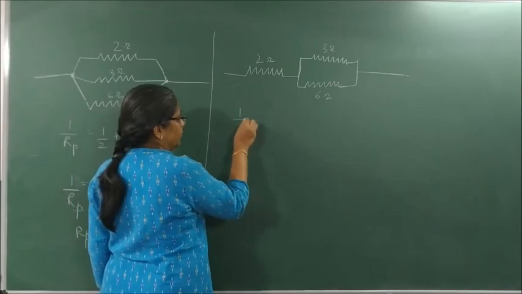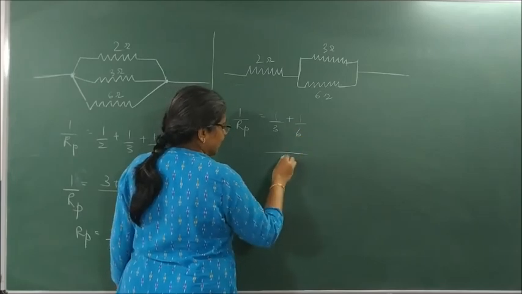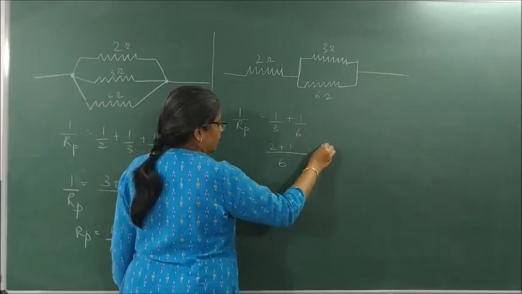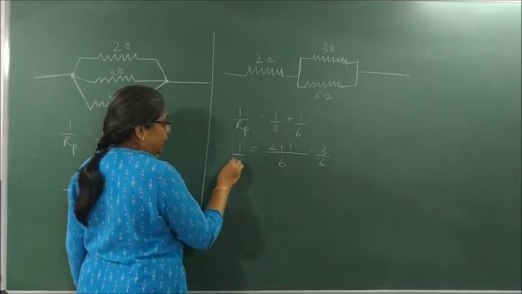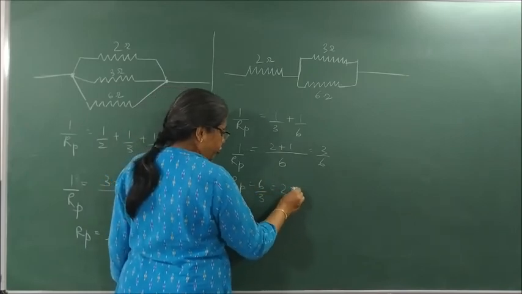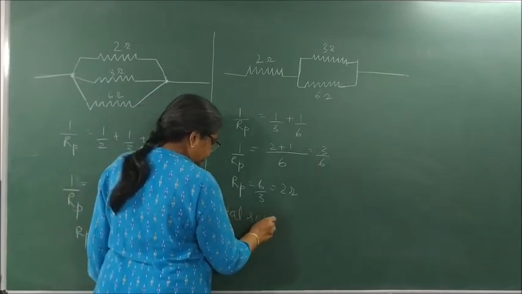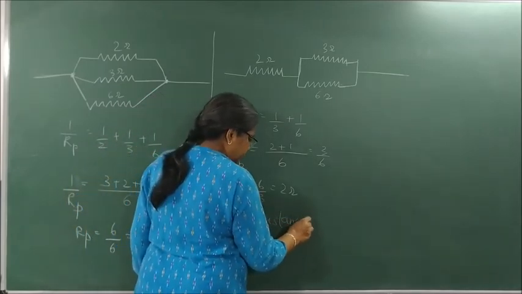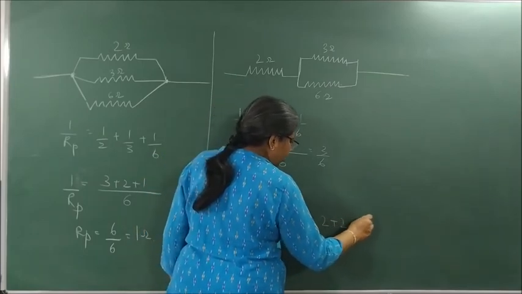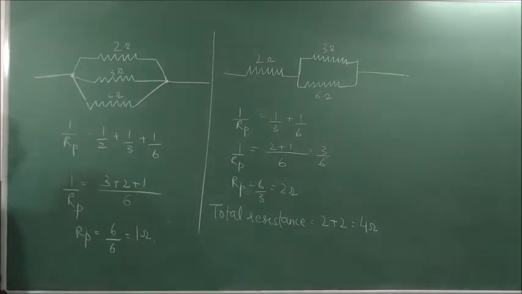So first 1 by Rp is equal to 1 by 3 plus 1 by 6, which is 3 by 6, so Rp is equal to 6 by 3. It is how much ohms? 2 ohms. Total resistance is 2 plus 2, which is equal to 4 ohms. Understood how to do it? Diagram is a must. Without diagram, nobody will give you marks.